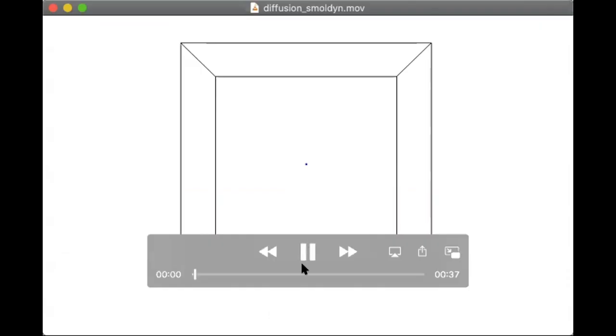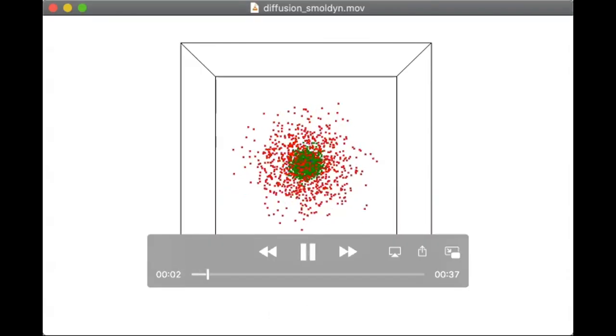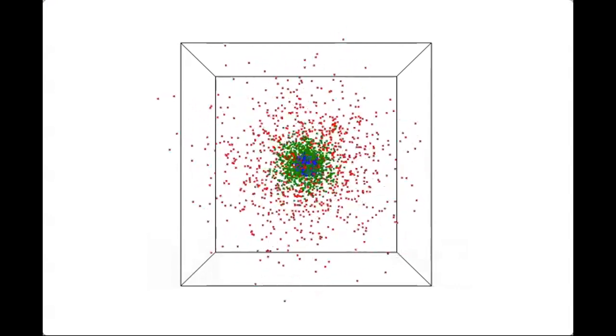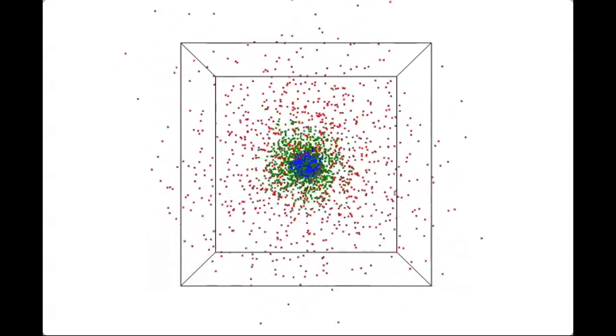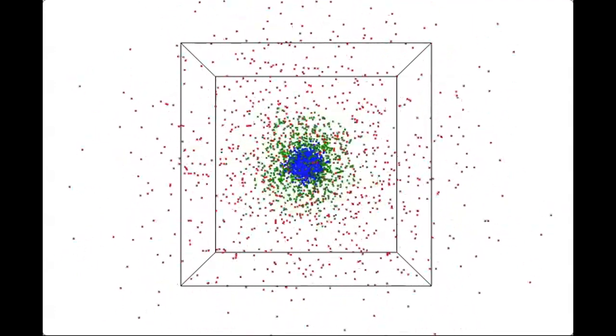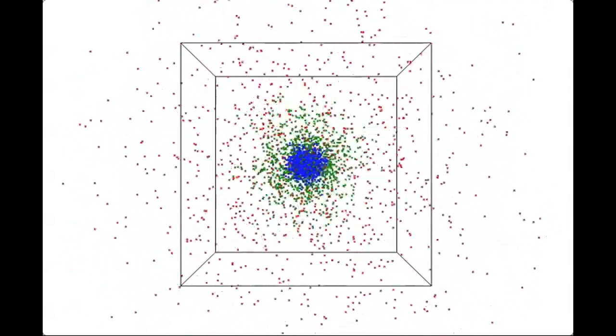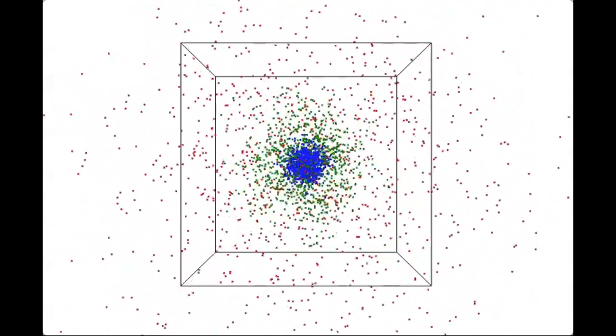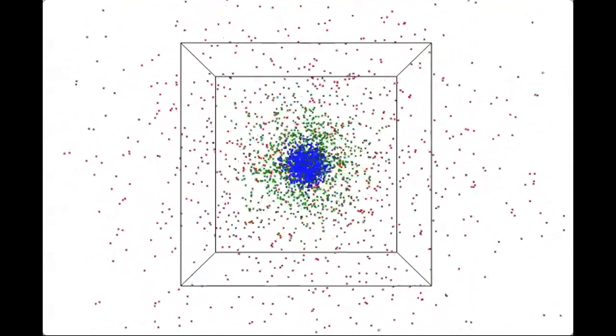Looks like this. Okay, so I have a rapid spread out of the red molecules. They go very fast because they have the fastest diffusion. Then the green ones are a bit slower and the blue ones are even slower.